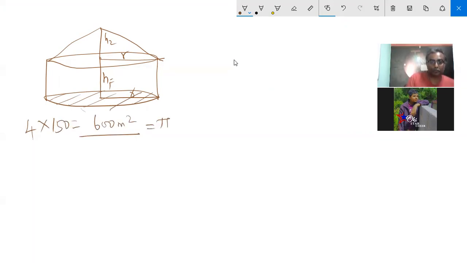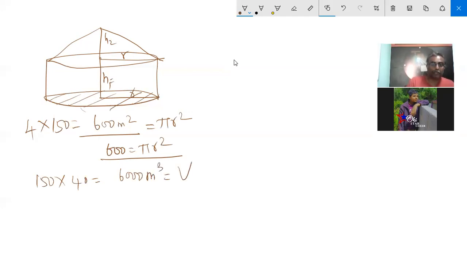Now that is pi R squared area. Okay, so 600 equal to pi R squared. That's the first thing we get. Then he's telling 40 cubic meters of air to breathe for each person. Again, 150 into 40. That means 6,000 meter cube is equal to the volume of the entire thing.